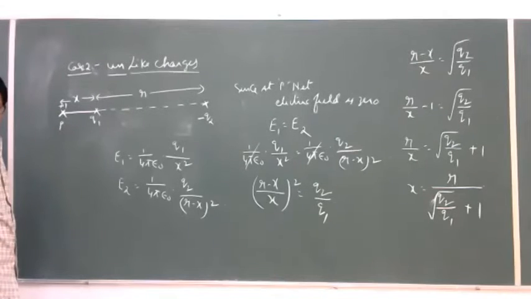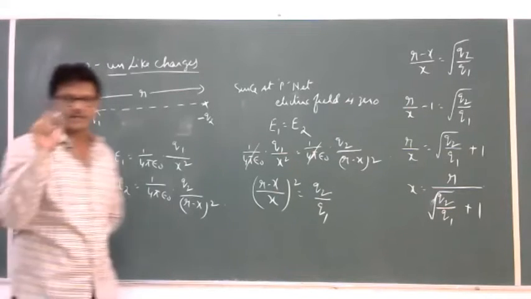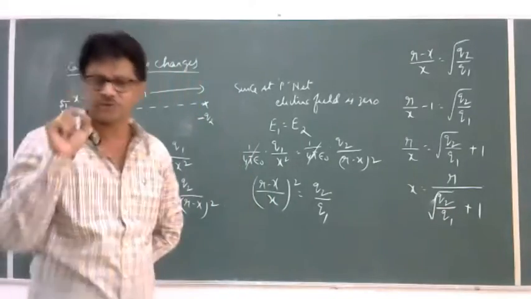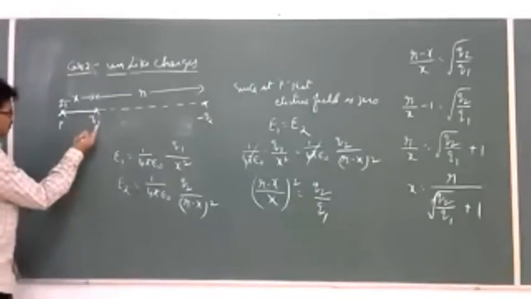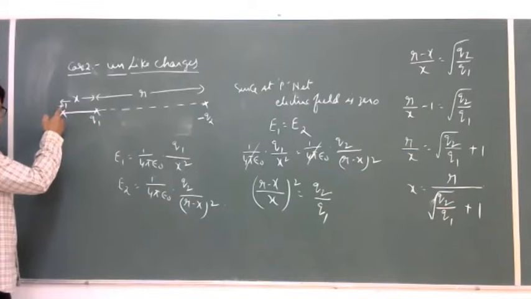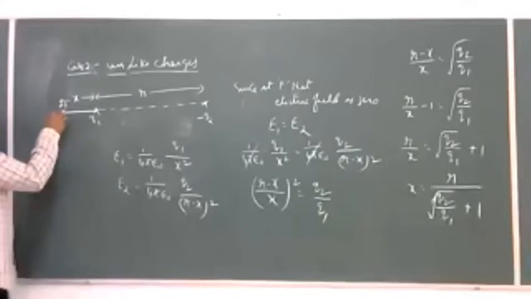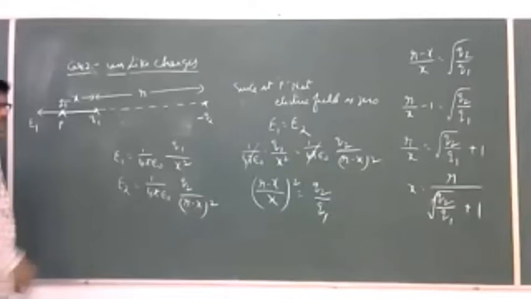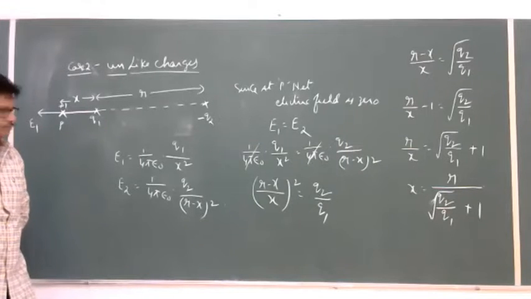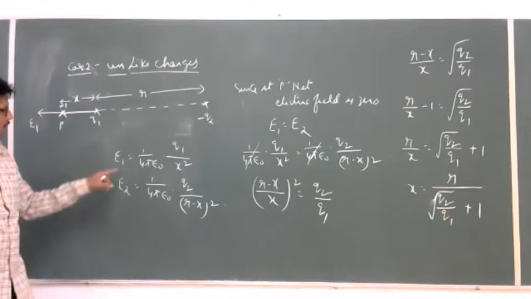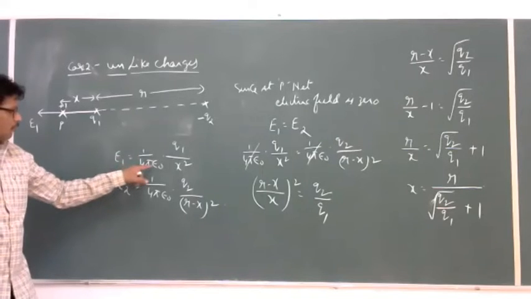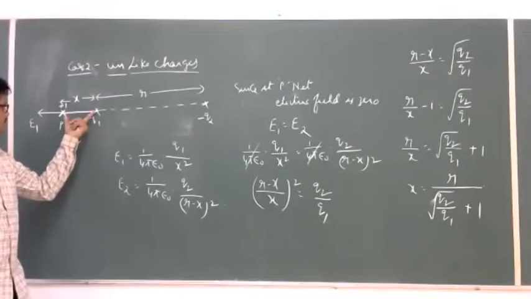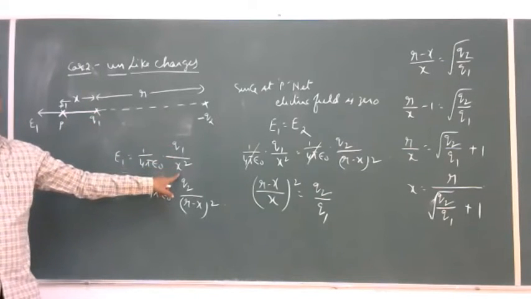Whenever you want to find the electric intensity, you need to imagine one unit positive charge. Here this is positive and this is positive, so repulsive, and in this direction E1 will act. What is the formula for E1? 1 by 4 pi epsilon naught, because of this Q1, distance is x, Q1 by x square.